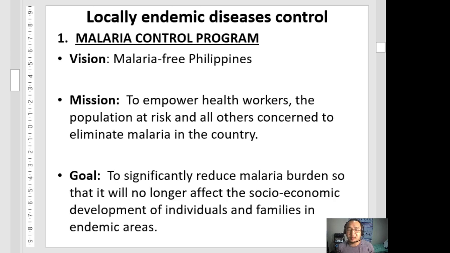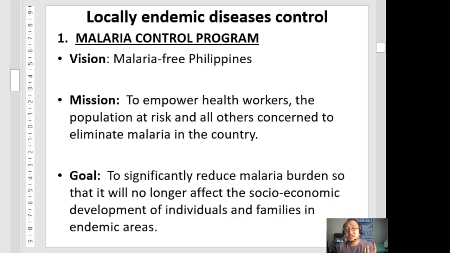So considering that they are poor, they live below the average salary, having malaria will add up to their financial constraints, their financial burden, financial problems. So that conceptualizes everything, reasons out why this vision, mission, and the goal is presented to us.